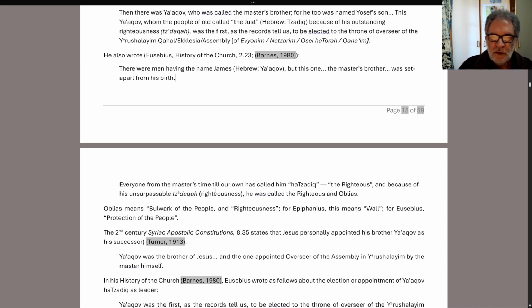Okay, so everyone from the master's time until our own has called this Yaakov Hatzadik, the righteous, because of his unsurpassable tzedakah, righteousness. He was called righteous and Obleas. Obleas has a meaning more or less of bulwark of a people, righteousness, pillar, and for Epiphanius this means wall, for Eusebius this means the protection of a people.